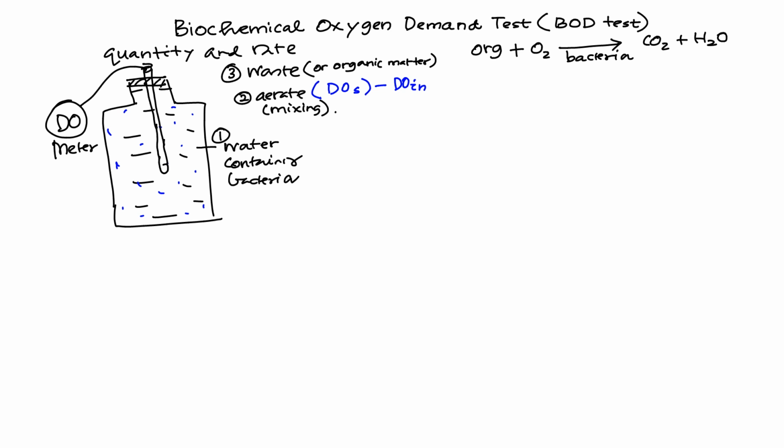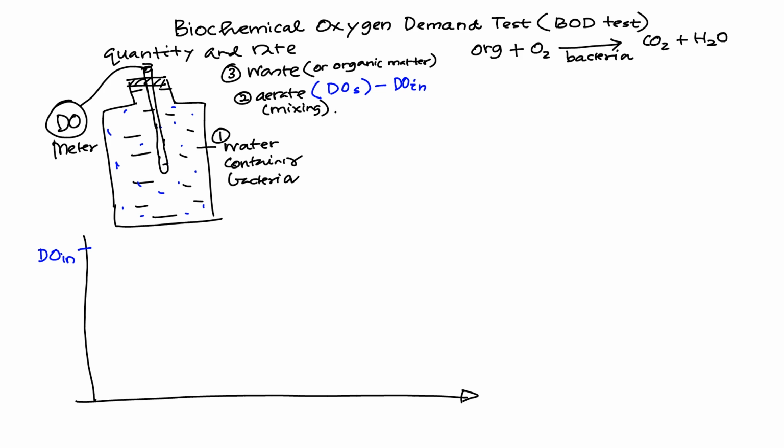Okay, now if you try to look at the profile of the oxygen, how the oxygen is going, I'm going to plot the oxygen. You have almost saturated level of oxygen, which I am calling for this particular test DO initial.